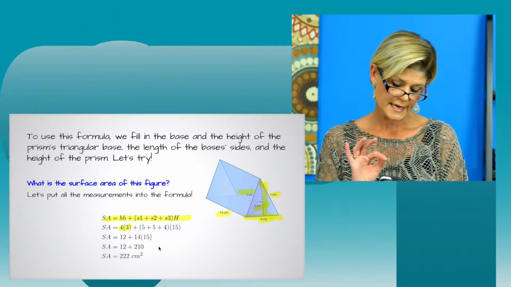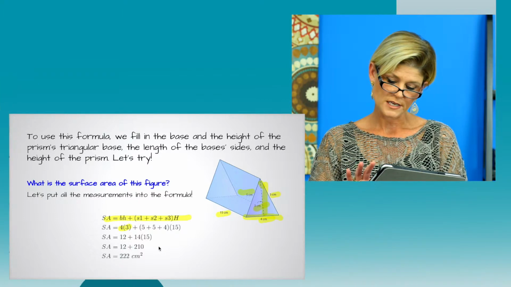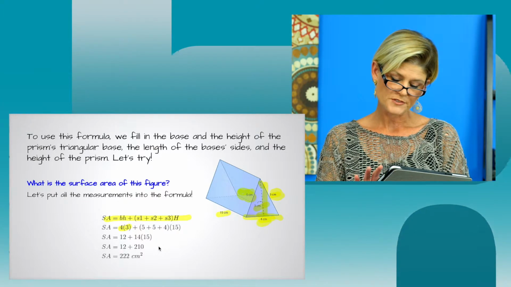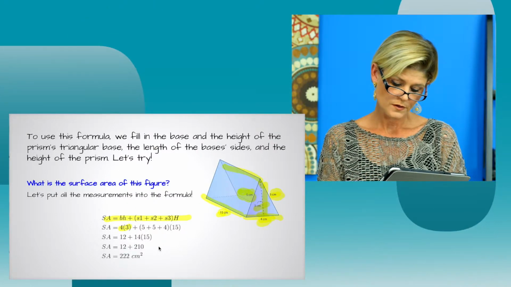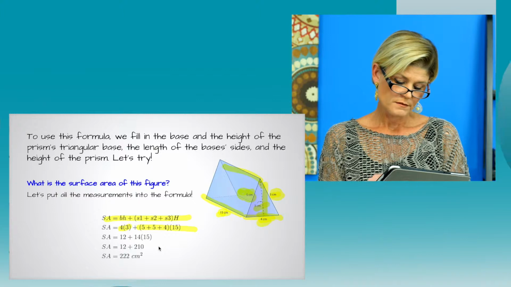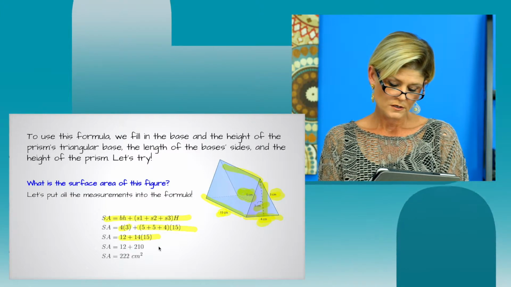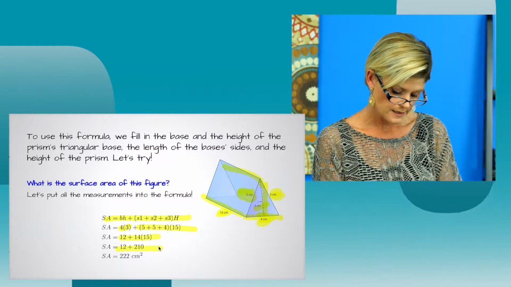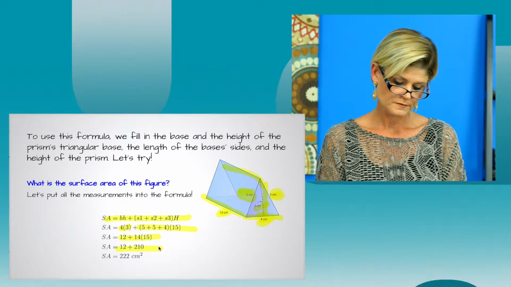And then we're going to add side 1, side 2, and side 3, again the 5, 5, and 4, and then 15, which is going to be all of these sides. So the surface area equals 12 plus 14 times 15. So the surface area equals 12 plus 210, and that will equal 222 centimeters squared.